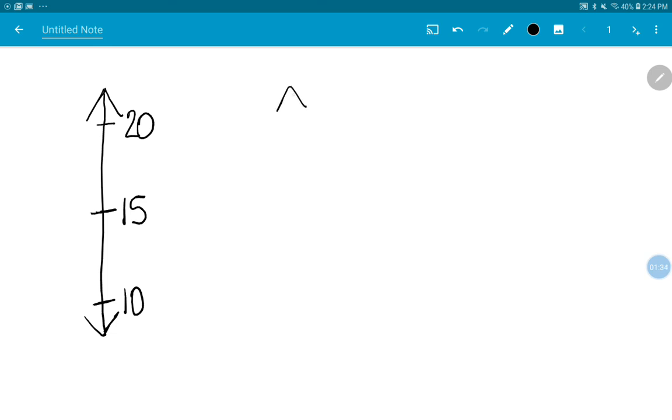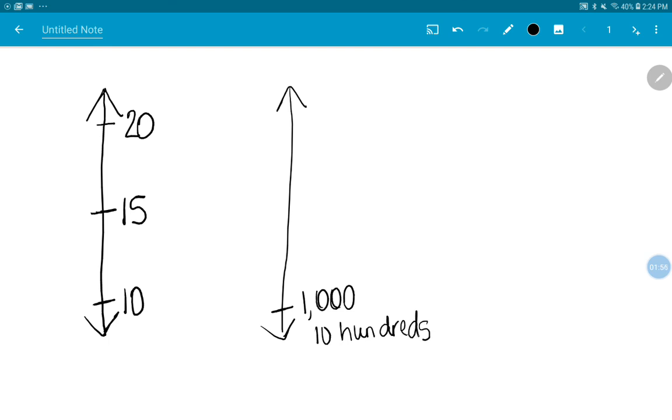I'm going to make another vertical number line. This time I'm going to have endpoints of 1,000 or 10 hundreds. Is 1,000 equal to 10 hundreds? Yes, they're the same. Why are those the same?